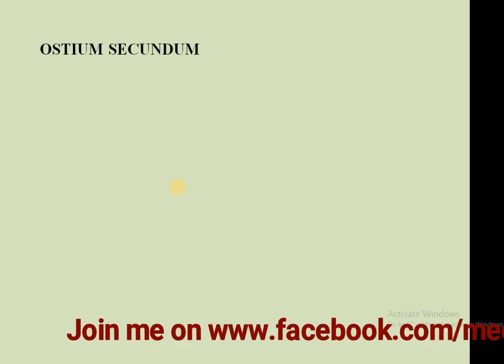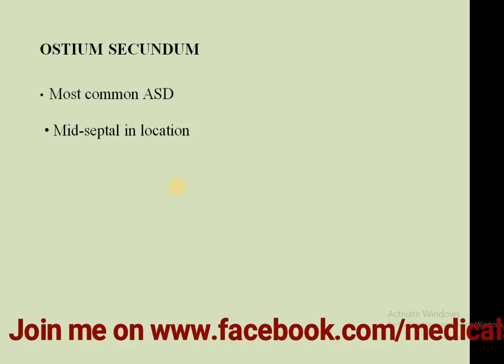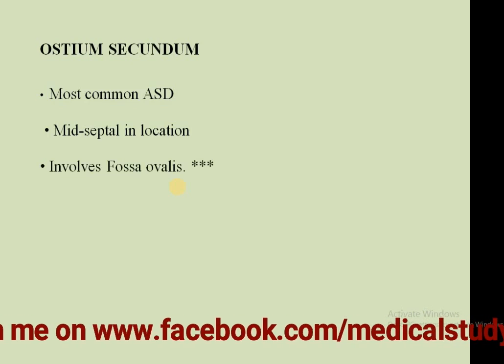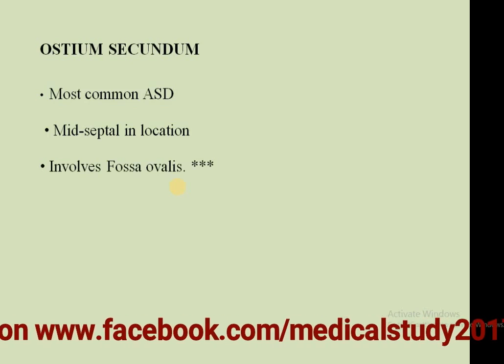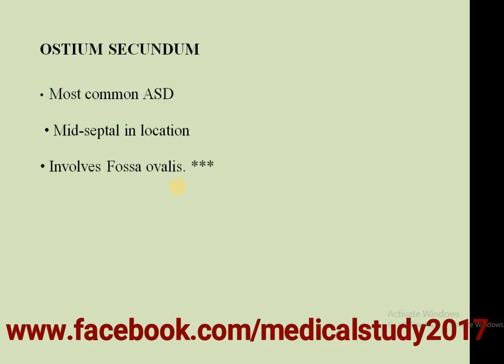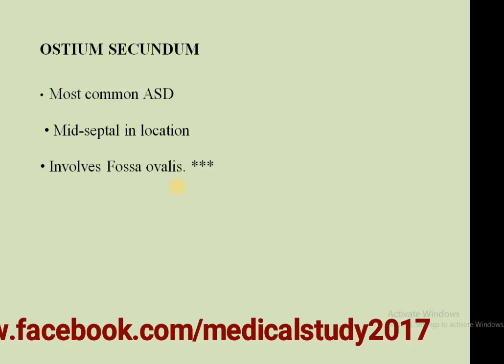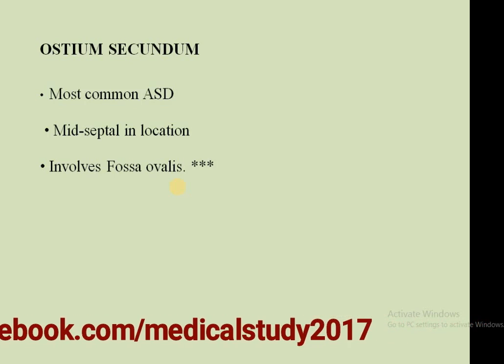Ostium secundum defect is the most common type of ASD, mid-septal in location, where the ostium secundum opening forms. It involves the fossa ovalis. Fossa ovalis is a depression in the right atrium where the foramen ovale is present in the septum secundum. So this defect involves the fossa ovalis.